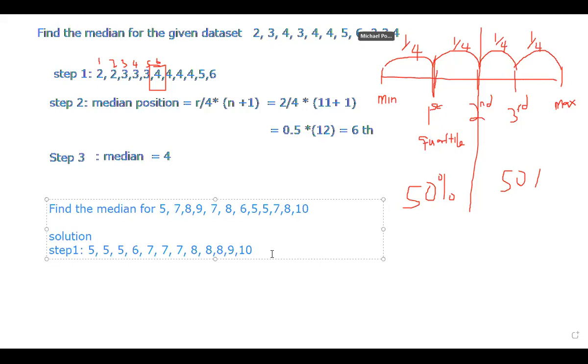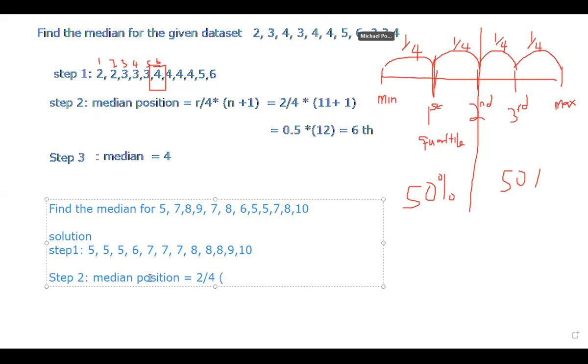Now let's go to step 2. Step 2 here is to find the median position. The median position is given as what? Now we know the median is the second quartile, so it is 2/4 times (N plus 1).